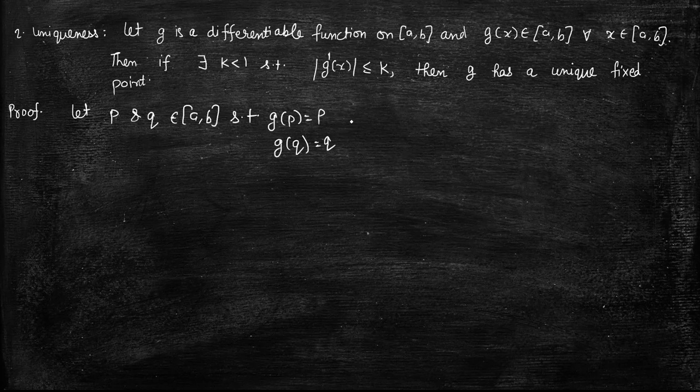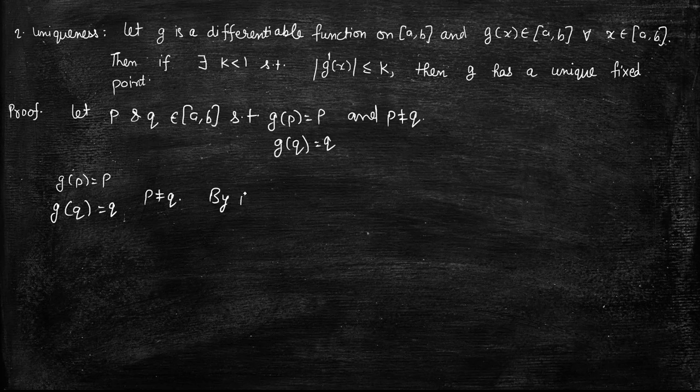Therefore these are fixed points and p is not equal to q. If we prove some contradiction from this assumption, then we will say this assumption was wrong and p indeed is equal to q. So now g(p) equals p and g(q) equals q, where p is not equal to q.